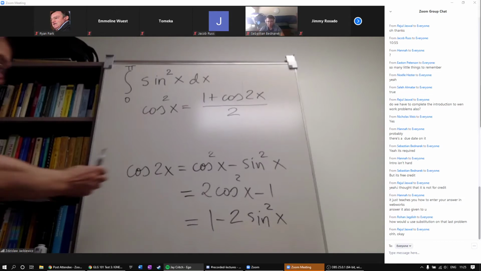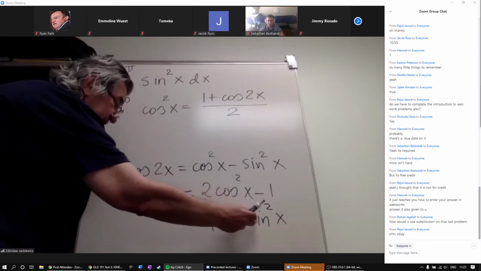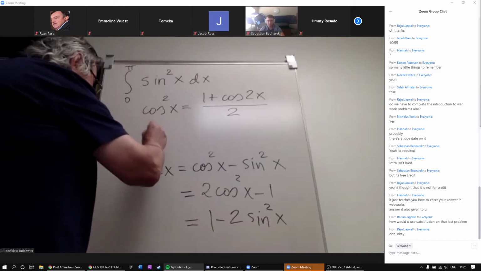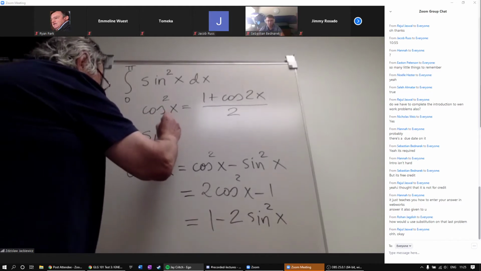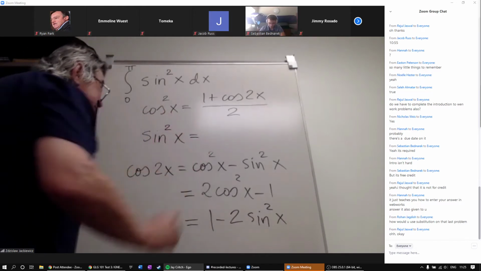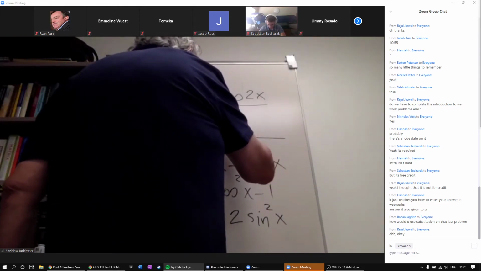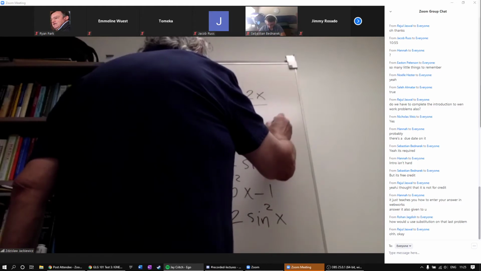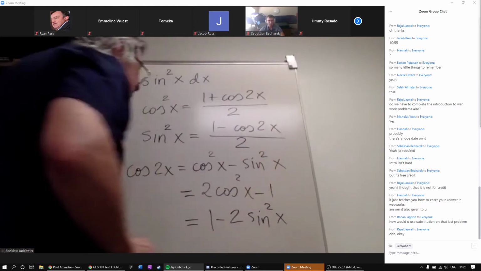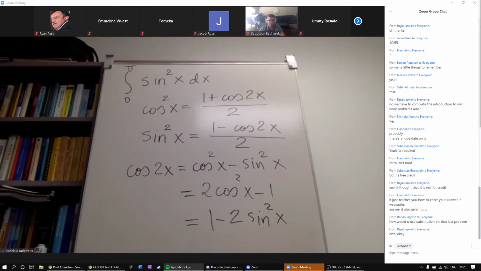If you solve this equation for sine squared, you get another power reduction formula for sine. So sine squared x is equal to 1 minus cosine 2x over 2. So those are power reduction formulas.